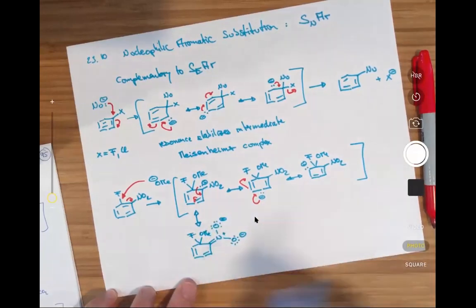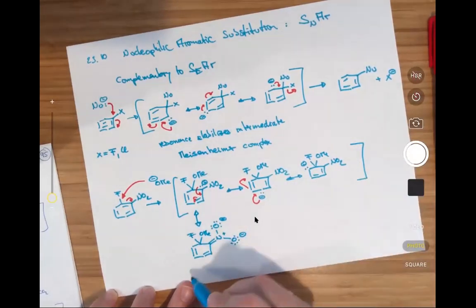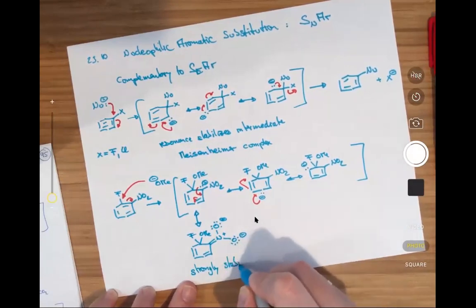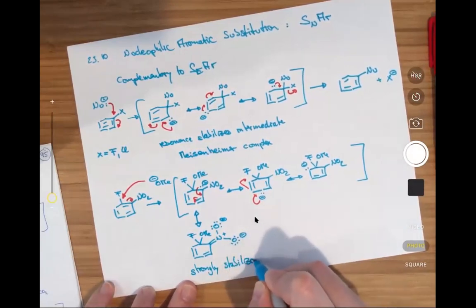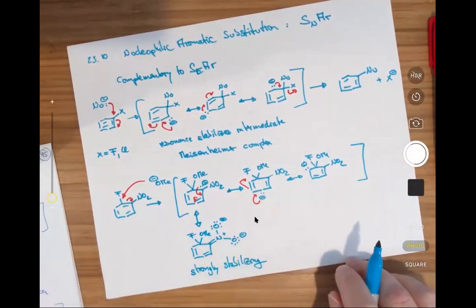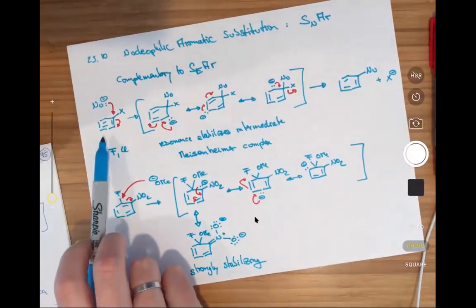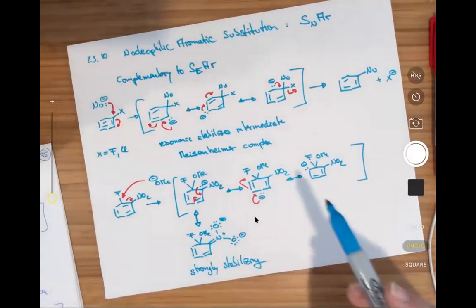And this resonance structure is strongly stabilizing and allows this reaction to proceed significantly faster than if you just have a simple unsubstituted system as the one you see up here.